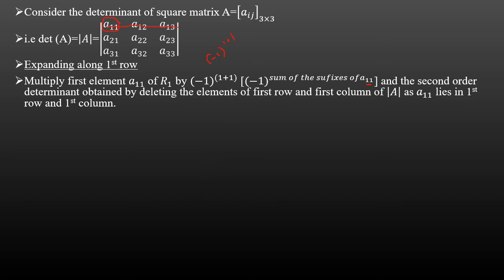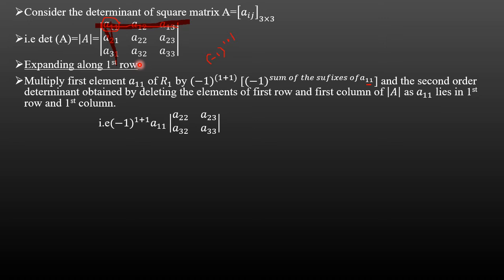So how will you find the second order determinant? For finding the second order determinant, you have to erase the first row and the first column. Then what are you getting? a22, a23, a32 and a33.